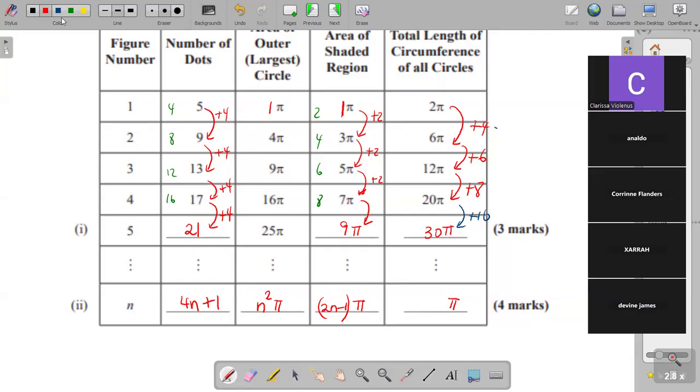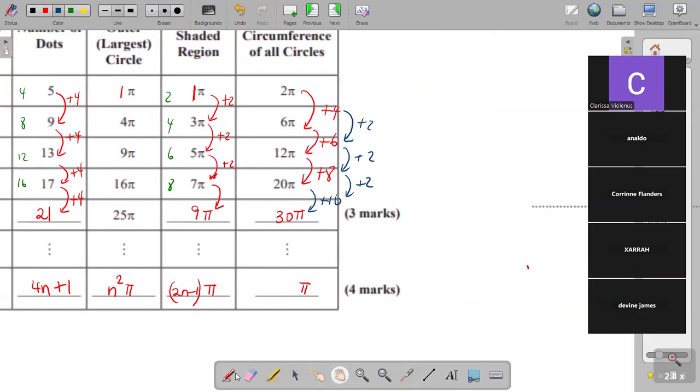No, because this is quadratic, that means we've got to do this again. So let's go. 4 to 6 is what? Plus 2. 6 to 8 is plus 2. 8 to 10 is plus 2. So what are we going to do with the 2 again? Anybody remember what we're supposed to do with the 2? We're supposed to say 2 divided by 2 is 1.